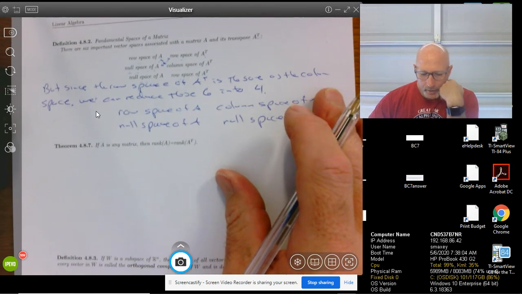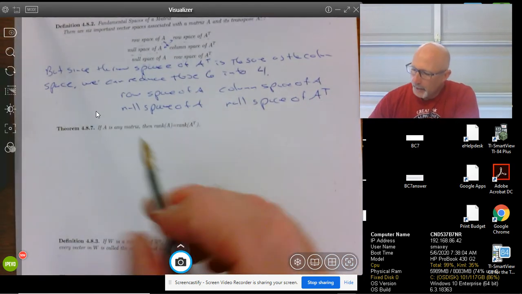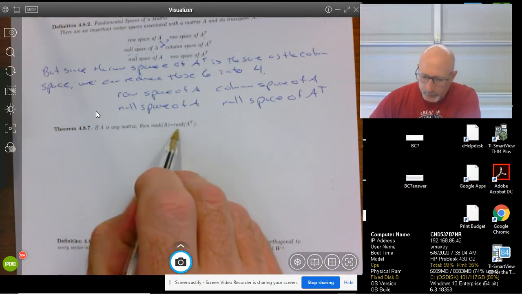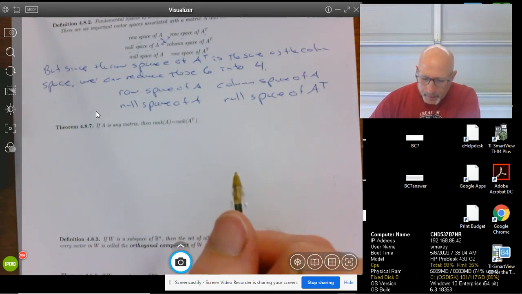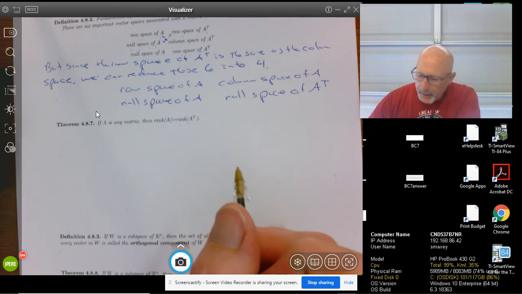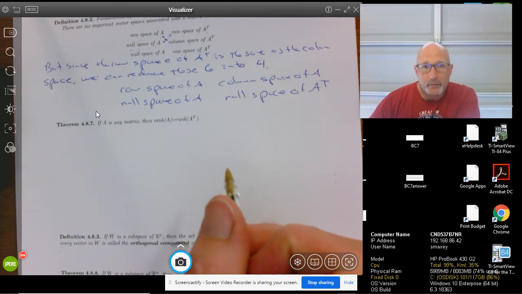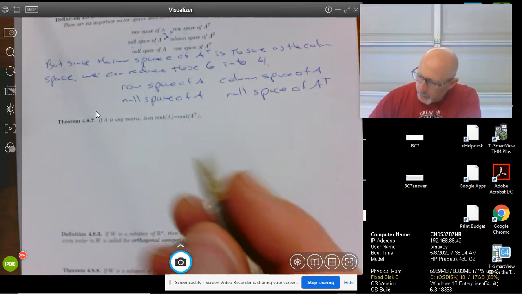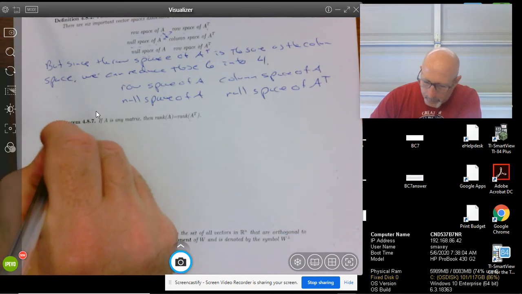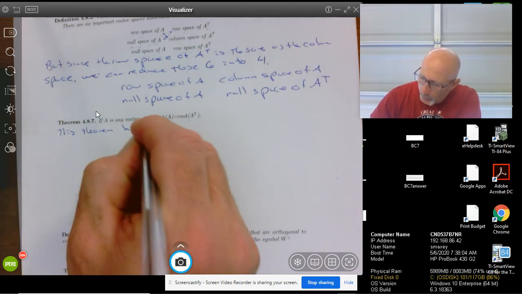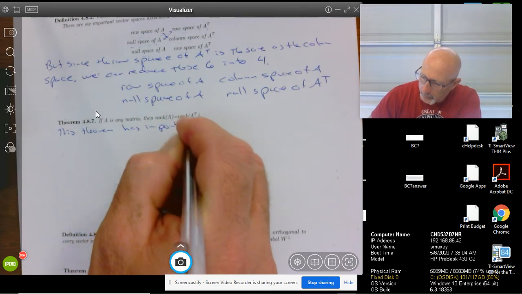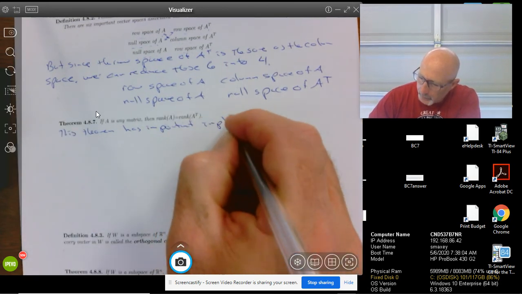Theorem 4.8.2: if A is any matrix, then the rank of A is equal to the rank of A transpose. I'm not going to go through and prove this. I'm just going to talk about some key points. This theorem has important implications.